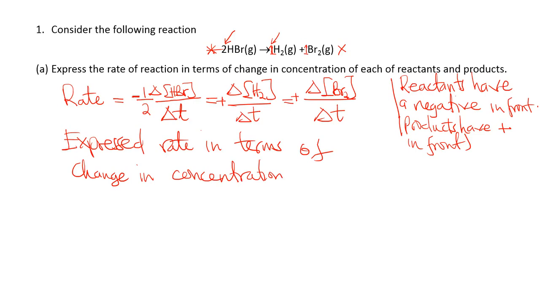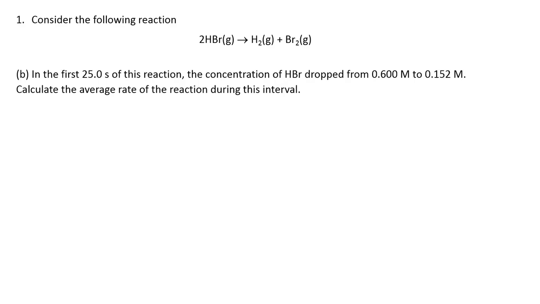Now let's solve a problem based on that. The same reaction, now we go to B. In the first 25.0 seconds of this reaction, the concentration of HBr dropped from 0.6 to 0.152. Calculate the average rate of the reaction during this interval.